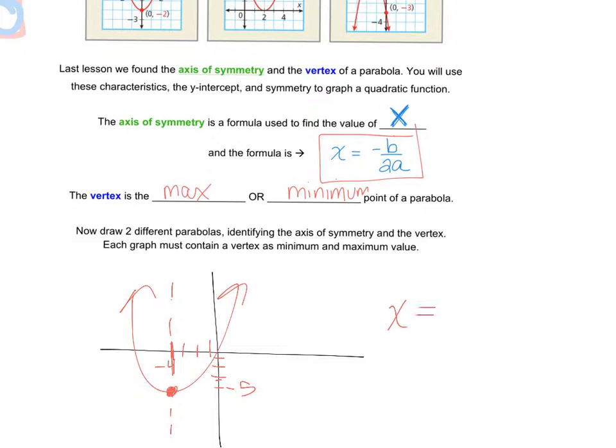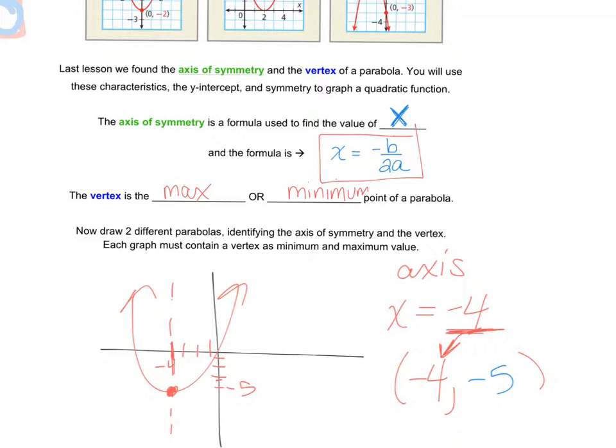Where x equals negative 4 is the axis of symmetry. The x of negative 4 represents the x value of the vertex. Always. The number that you get for the axis of symmetry is the x value of the vertex.